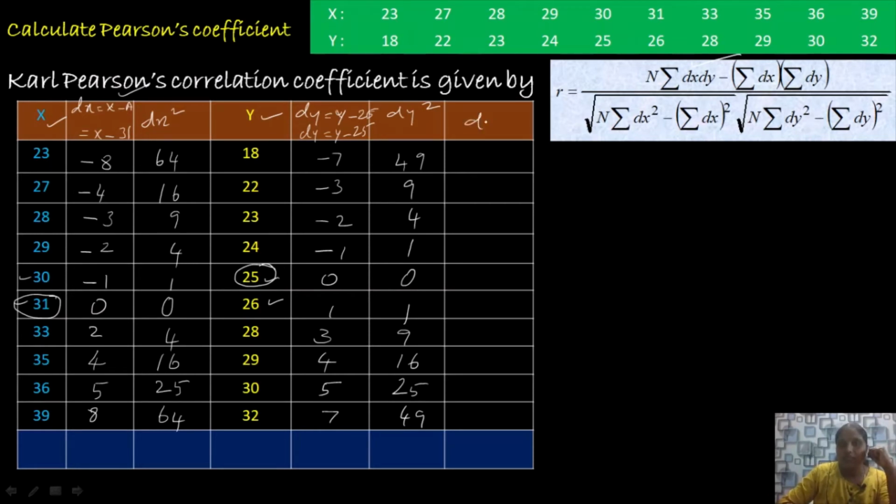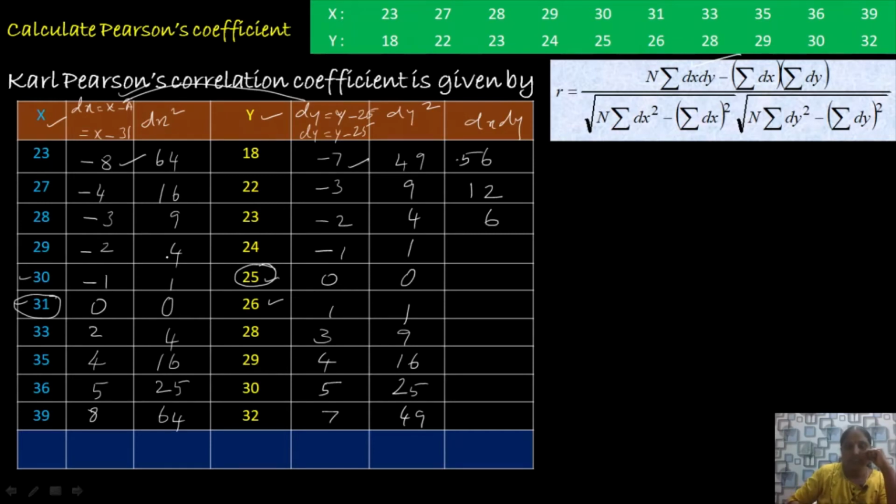For that, let me take the product of dx with dy. That is minus 8 times minus 7, that is 56, because minus and minus becomes positive. Minus 4 multiplied by minus 3 is 12, and minus 3 multiplied by minus 2 we get 6.